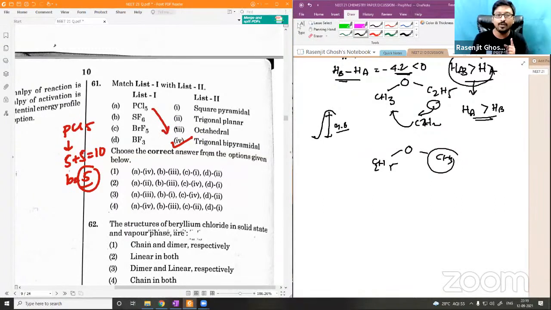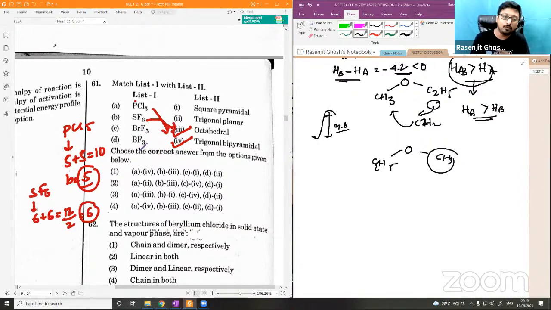So A with 4. Next, SF6. Sulfur is 6, fluorine is 6. So total is 12. 12 by 2, total 6 bonds. So which structure forms the 6 bonds? Octahedral. So B with 3.